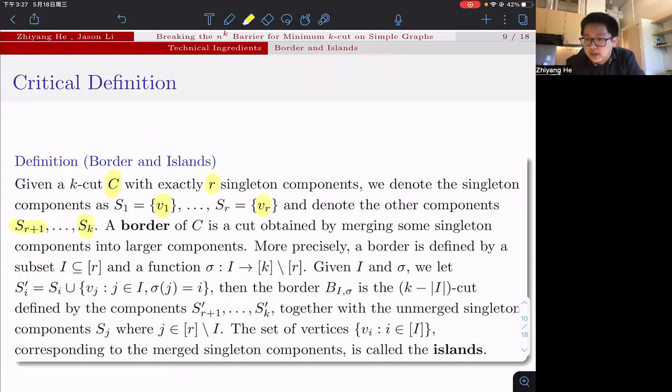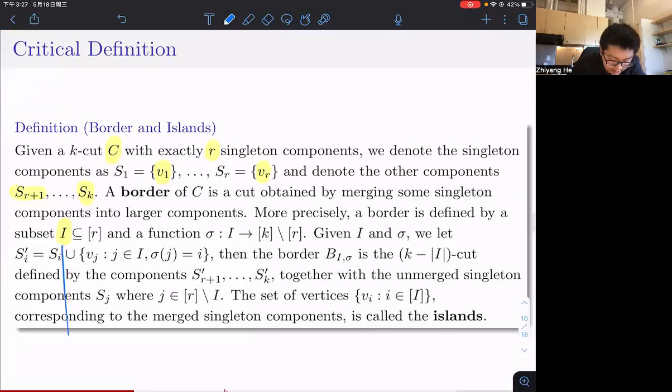And don't worry, there will be a diagram coming up real soon. So more precisely, a border is defined by a subset I of the singletons, and intuitively, we should think of I as the set of islands, and a function sigma that's going to map the islands to the larger components S_{R+1} to S_K.